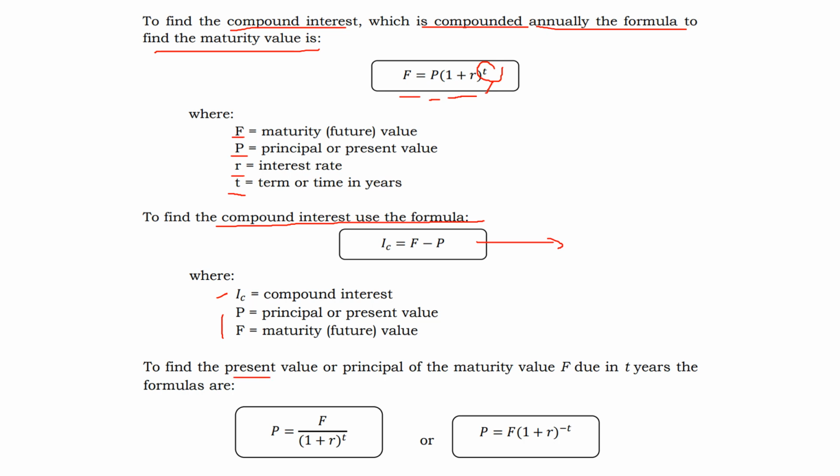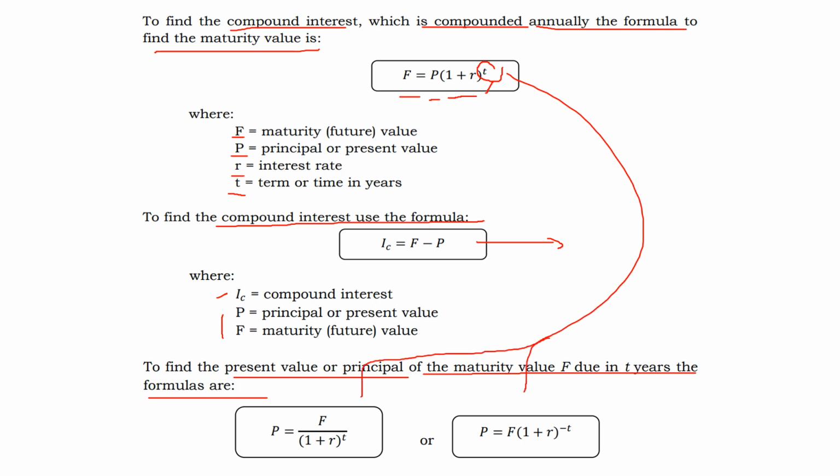Now, to find the present value or principal of the maturity value due in T years, the formulas are: so this formula is from this formula. We just simply manipulate the formula for us to look for the unknown values.